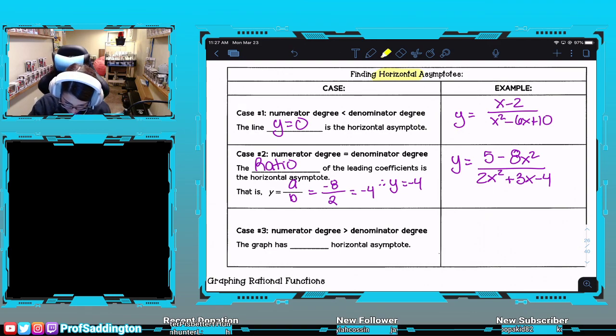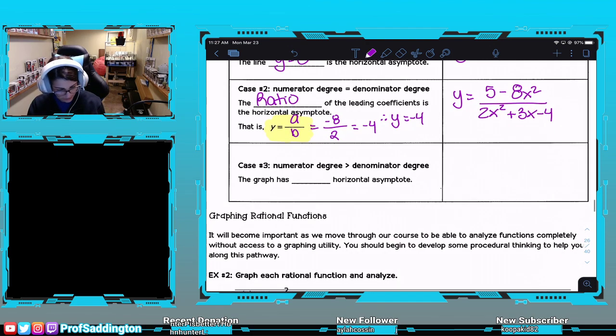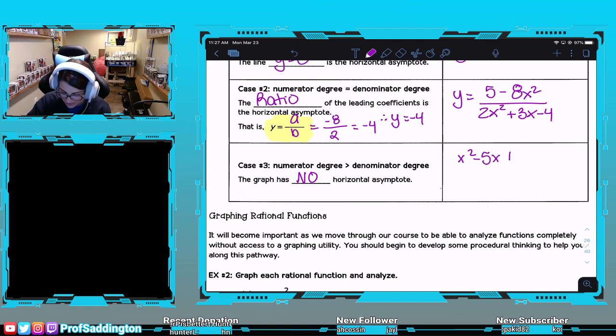But that ratio, y equals a over b, you're definitely going to need to know that. All right, in case number 3, the numerator degree is greater than the denominator degree. That means the graph has no horizontal asymptotes. So maybe we have (x squared minus 5x plus 4) over (x plus 1).